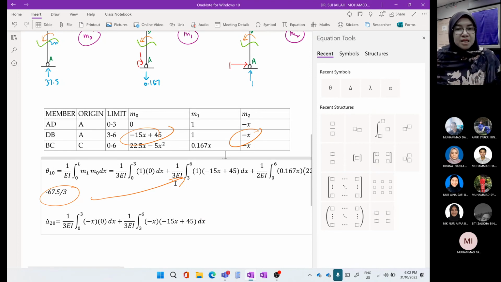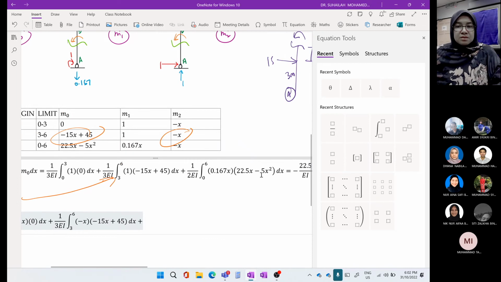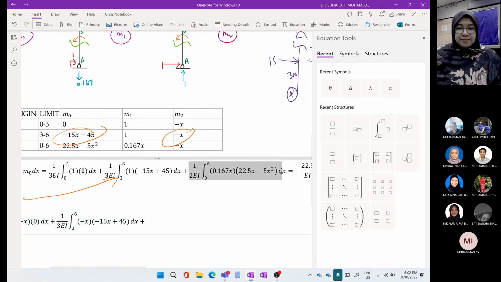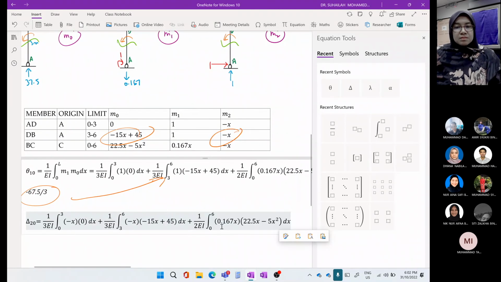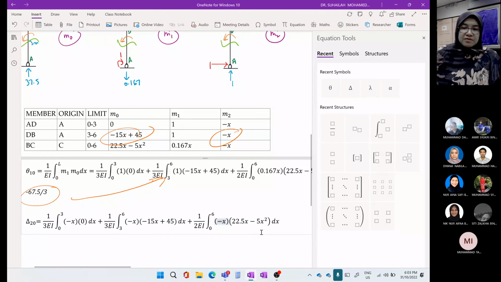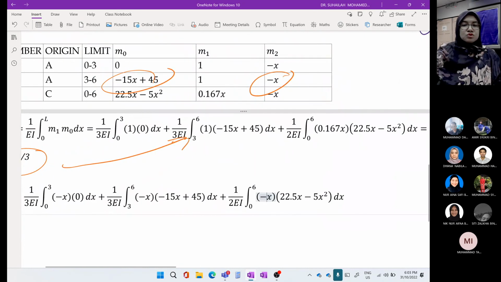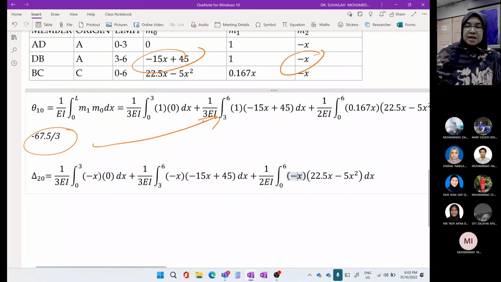Negative x and negative 15x plus 45. Okay, plus, this. We have negative x and 22.5x minus 5x square. Okay, now please calculate this.